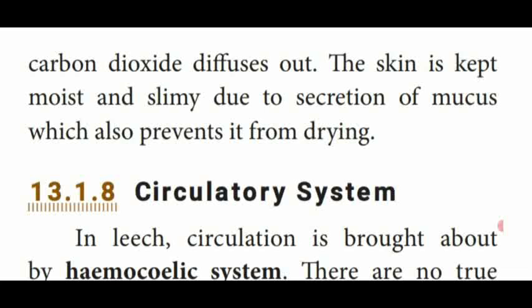The skin is always kept moist and slimy due to secretion of mucus, which also prevents it from drying. A mucus substance is secreted in the skin region so that the skin looks moist and slimy, and this substance also prevents the body from drying out.